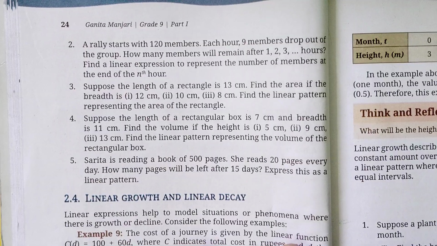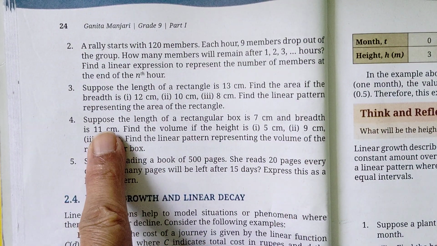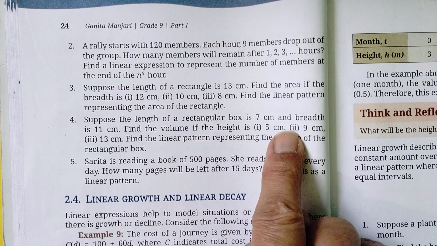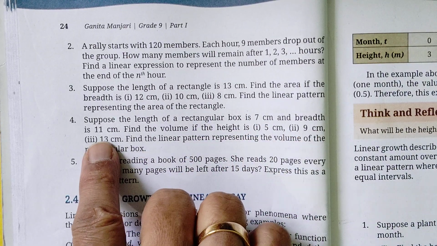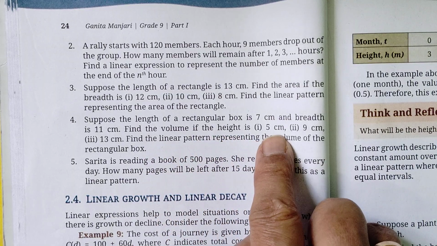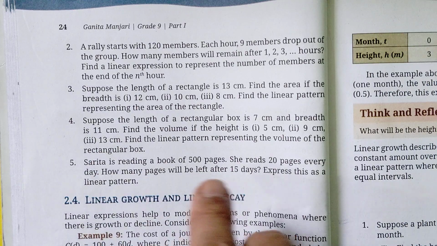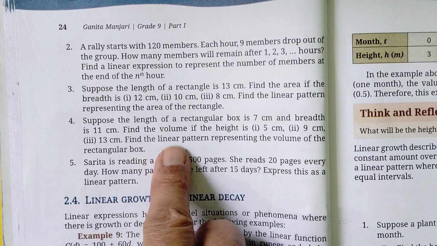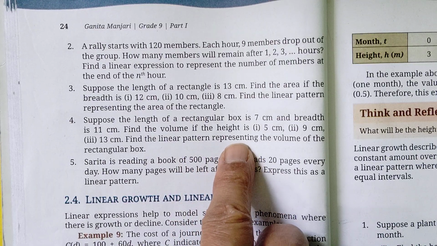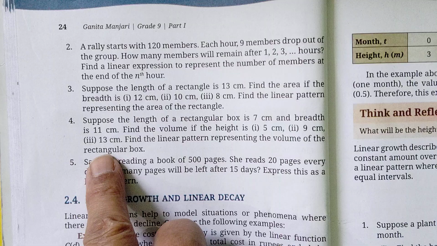Now we will go to the fourth sum. The fourth sum says, suppose the length of a rectangular box is 7 centimeters and breadth is 11 centimeters. Find the volume if the height is 5 centimeters, 9 centimeters, 13 centimeters, and so on. Find the linear pattern representing the volume of the rectangular box.